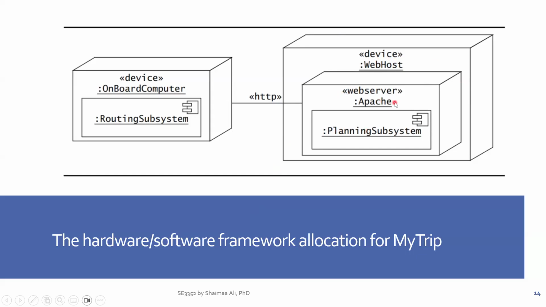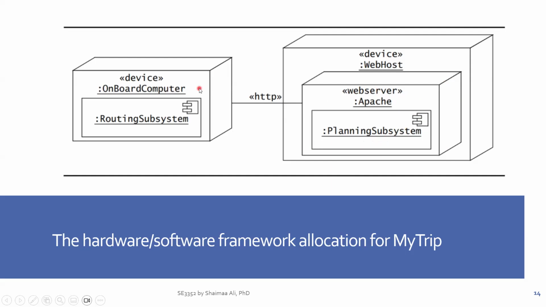In that case, the web server becomes an execution environment for our component, so that's why we depict it as a node. And our component, the planning subsystem, would be running on that server, or on that node.